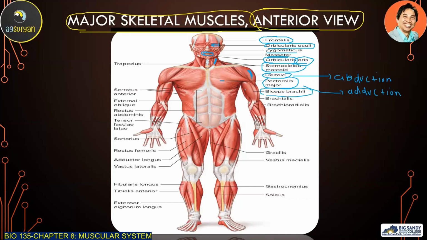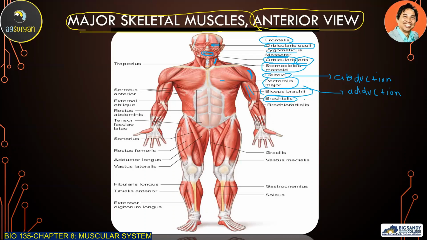Biceps brachii, this one over here in the front part, and the name is telling you brachii means upper arm, and biceps, this muscle has two origins. We're going to see those two origins later. And the other muscle is called the brachialis. I mentioned before biceps brachii and brachialis.